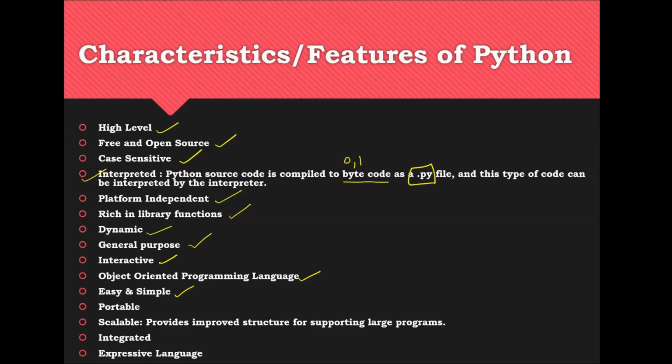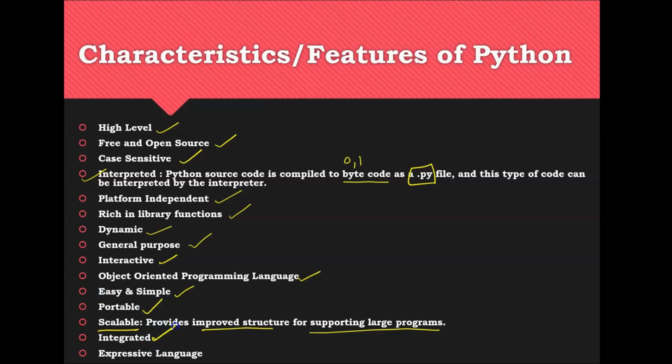So Python is very easy and simple, and it is a portable language, and we can move the files from one computer to another computer. So this is a portable language, and it is a scalable language. What it means is that it provides improved structure for supporting large programs, so we can write large programs, and that's why it is called scalable.